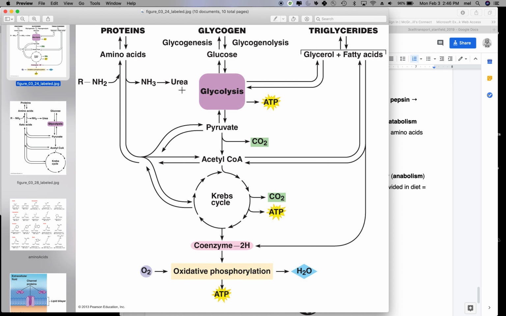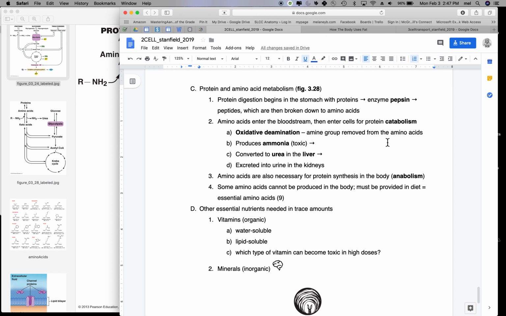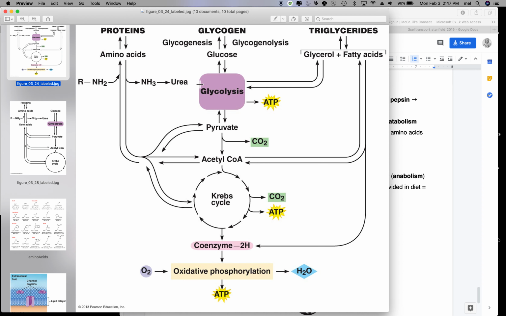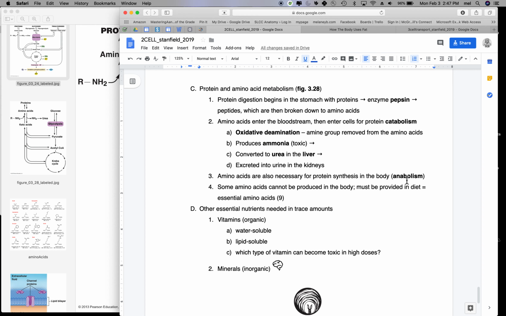Then, of course, you have to get rid of urea and other nitrogenous wastes via the kidneys. So, take home message here: protein catabolism requires liver function and kidney function to deal with this byproduct that you've generated. So, you have to excrete this urea and also some ammonia into the urine in the kidneys.